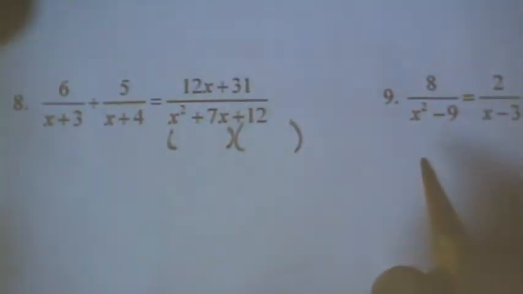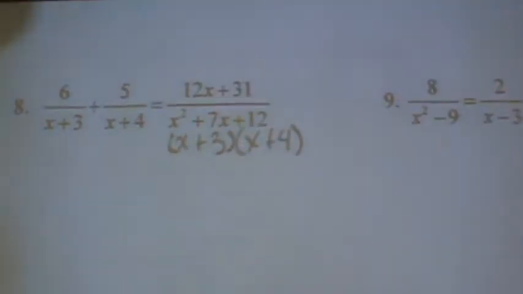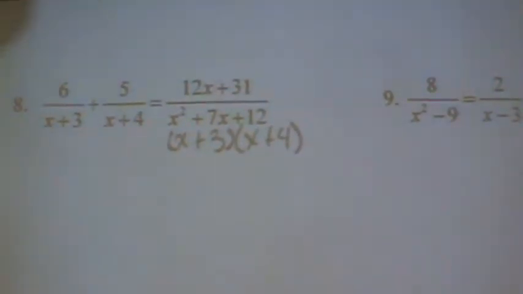Number 8. Number 8, we're going to want to factor this out so that we find out what's in the bottom over here. When we factor, we find out that it's x plus 3 and x plus 4. So that's what we're going to multiply through by.